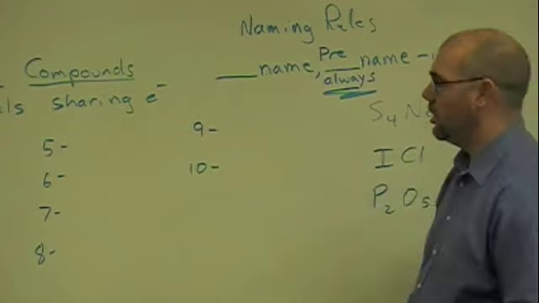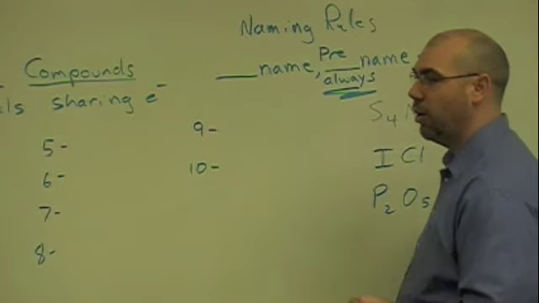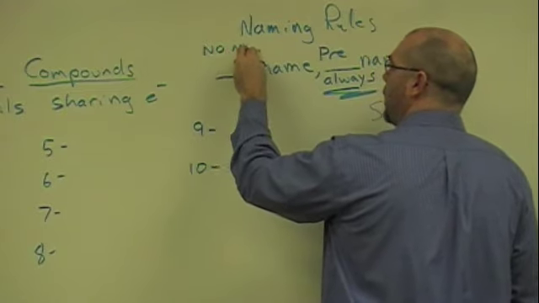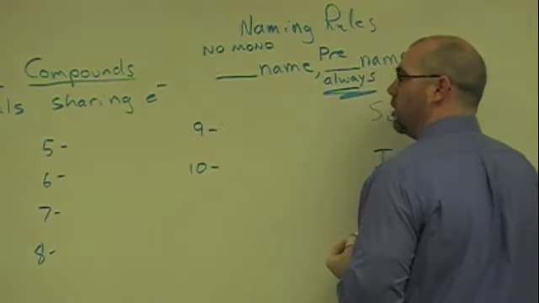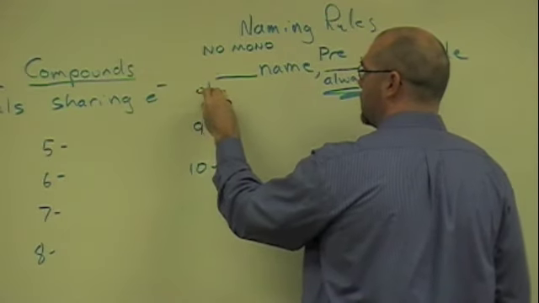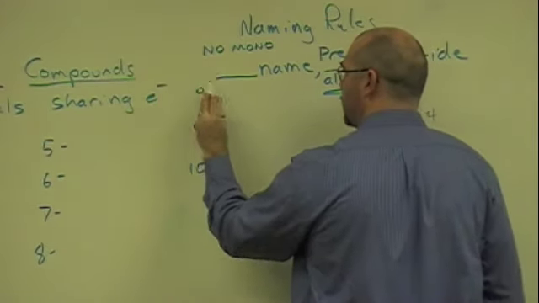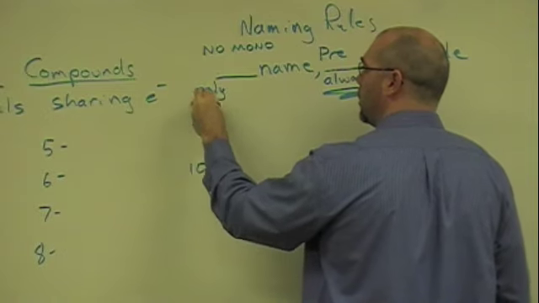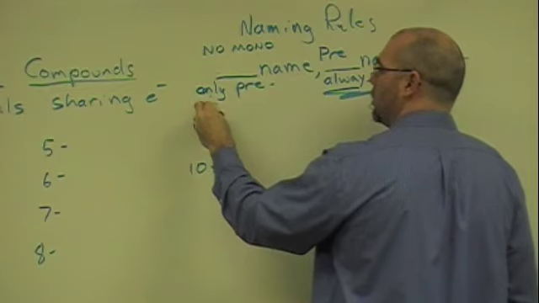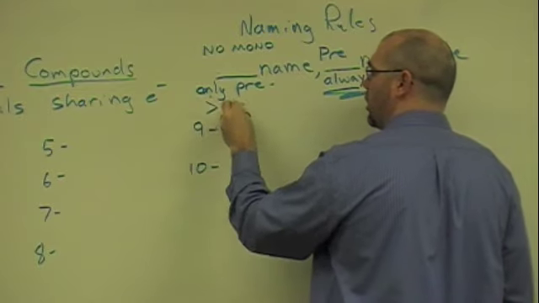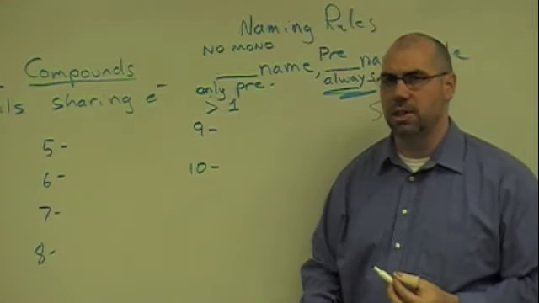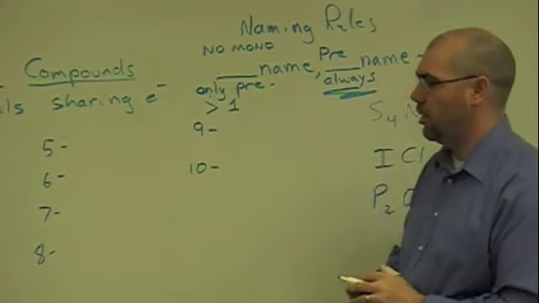For the first element in the compound though, there's a couple ways to talk about it. No mono, you never use mono, or you could say it as only prefix when it is greater than 1. Okay, and we'll show some examples here in a second. I'll make that a little clearer.